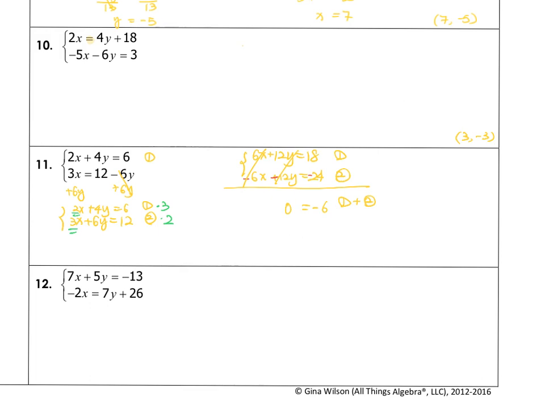Clearly, 0 does not equal negative 6. Therefore, the answer for this one is, the answer does not exist. You can write null, like what I did, which is a 0 with a line there, or you can just write undefined. Either way would work.